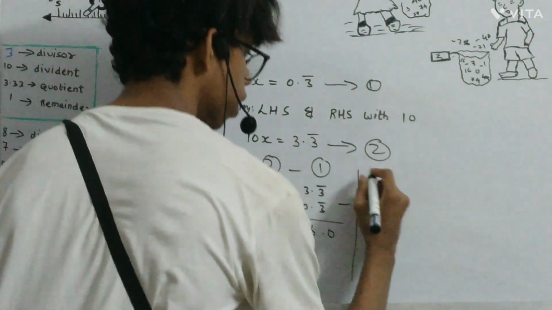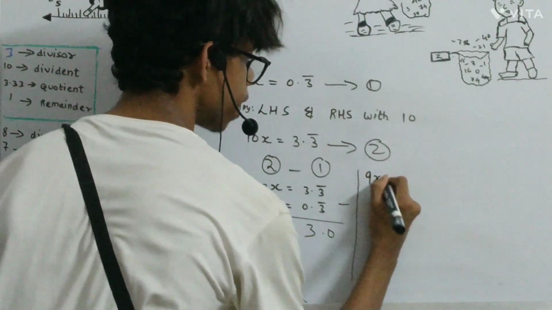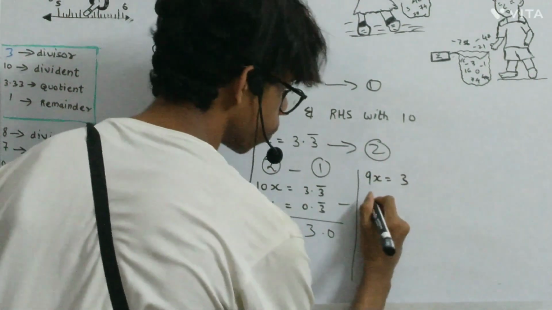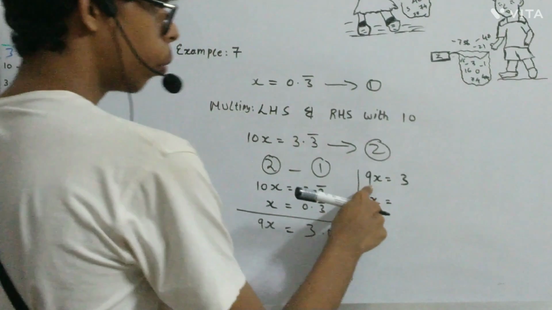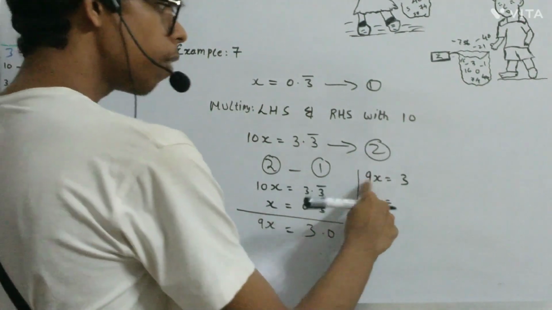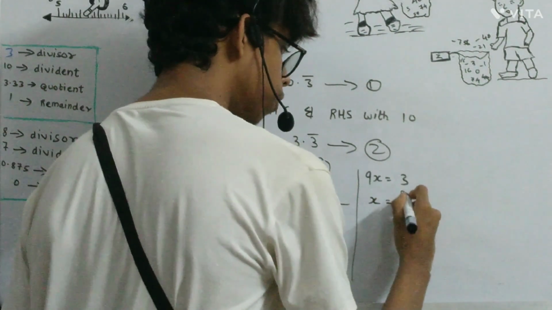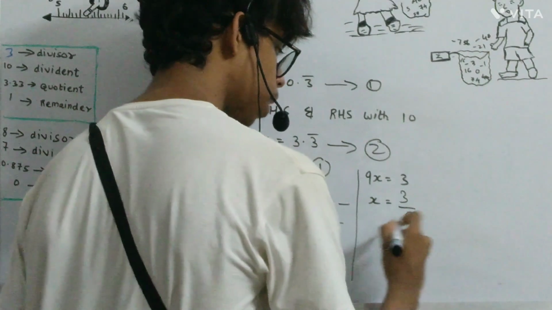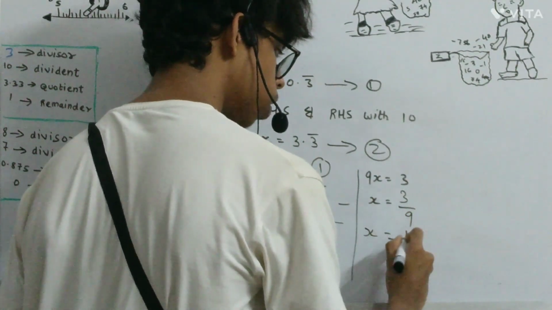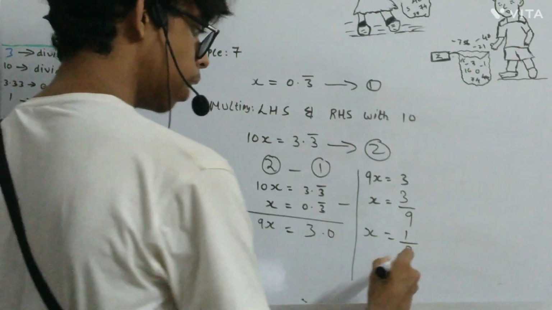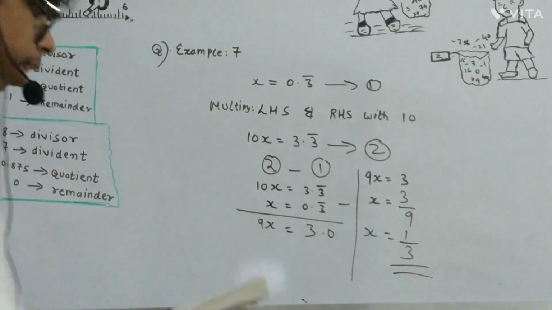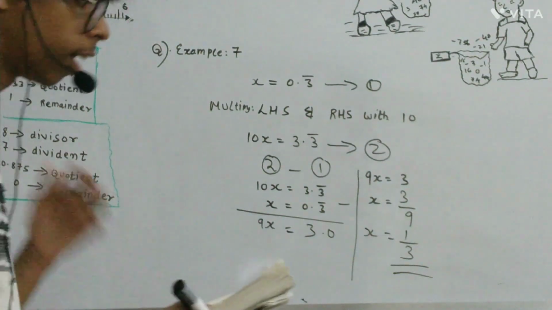So what are we getting over here? We have got 9x is equal to 3 and from here we can write x is equal to, when this multiplication goes to the other side, it will go on to division. So we will get 3 by 9 and x is equal to 1 by 3. This is your answer. I hope I am clear.